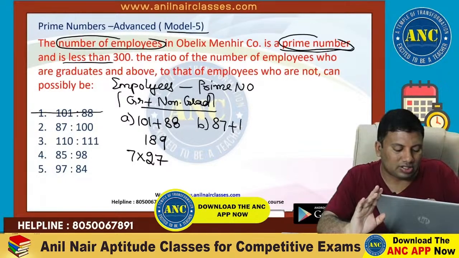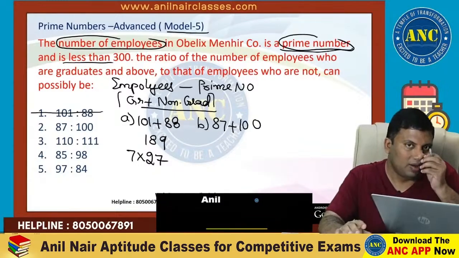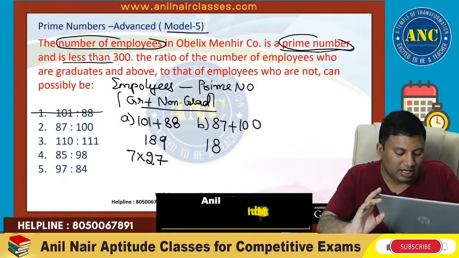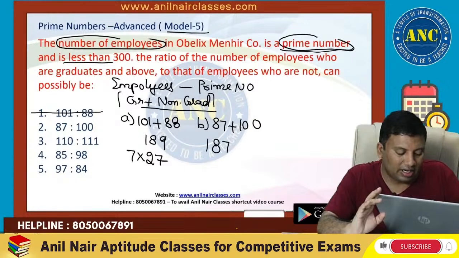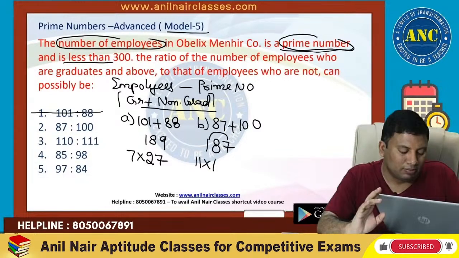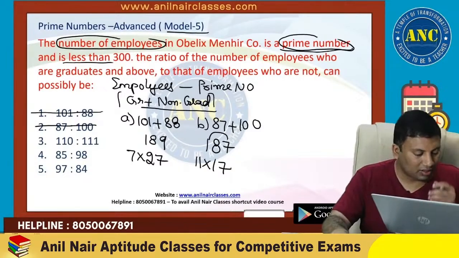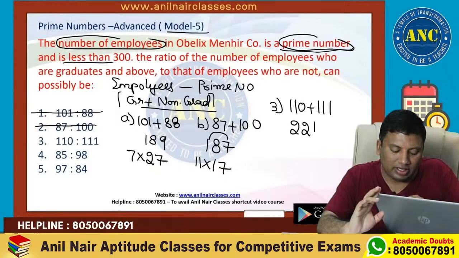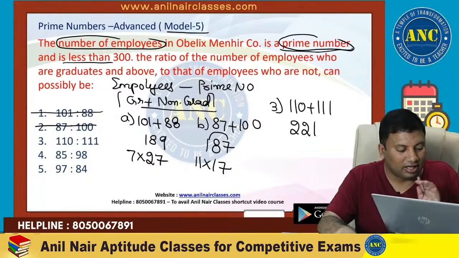Next, 87 plus 100, taking k value 1. It is 187. 7 plus 1 is 8. The answer is divisible by 11. So these are out. Next one. Third one, 110 plus 111, these are 221. 221, we will keep it aside.